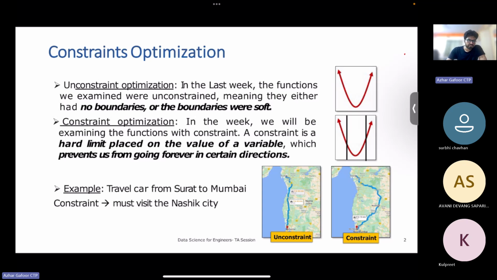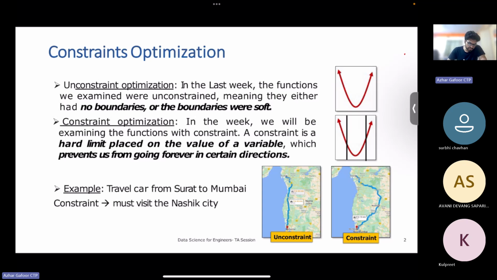Right. So what is the main difference between constrained and unconstrained optimization? In unconstrained optimization, that is, last week, in all the problems that we were looking at, we didn't give any limit where our search had to be bounded.